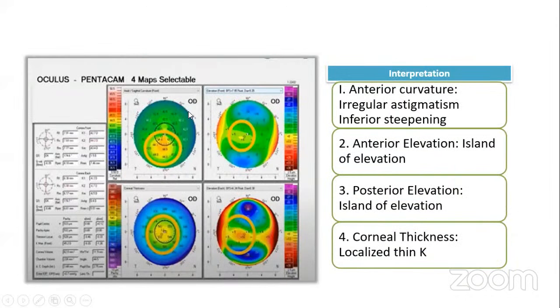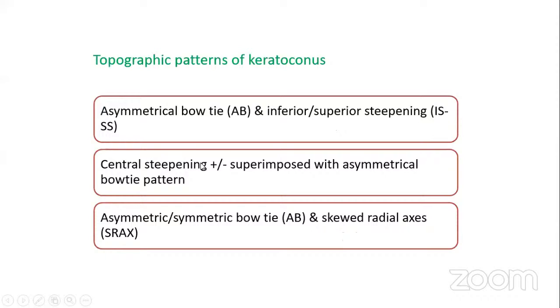So all the values related to these maps will be displayed on the left side of the topography. And as I mentioned, these are the topographic patterns. Along with the inferior steepening, we can find a superior steepening also, asymmetric bow tie pattern, and central steepening with asymmetric bow tie pattern combination will also be present.